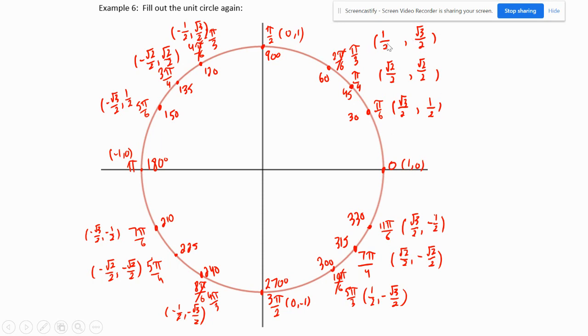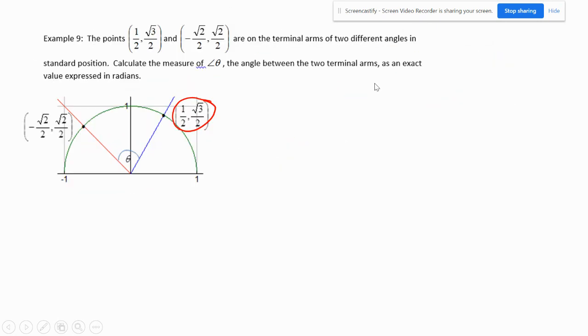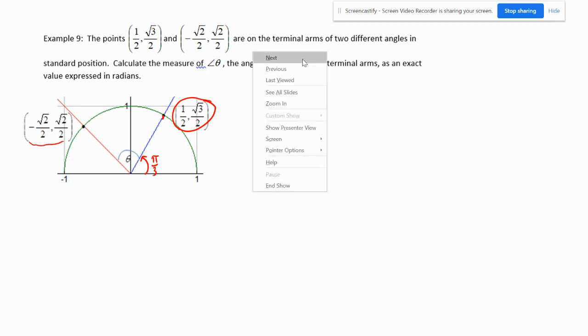I'm hoping you recognize that this point, 1/2, root 3 over 2, corresponds to this angle of pi over 3.